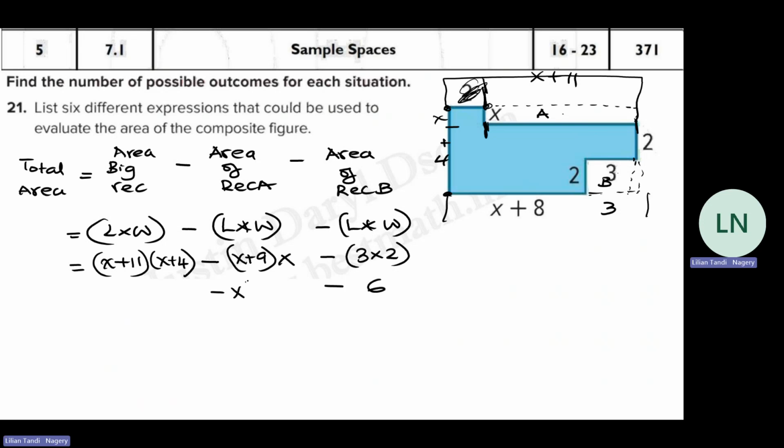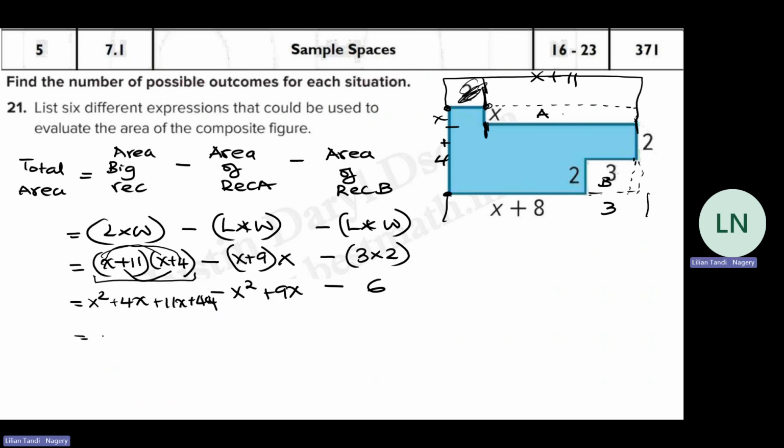This will be minus x squared plus 9x. Here you're going to do FOIL, or that distributive property. So x times x, x squared, x times positive 4, positive 4x, positive 11x plus 44.